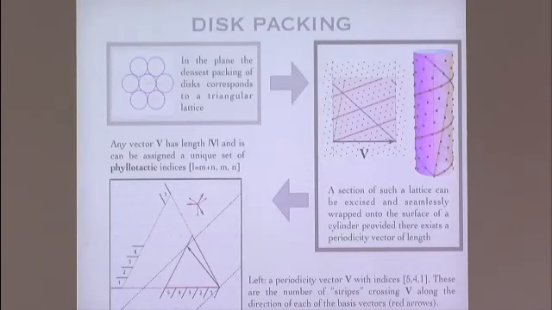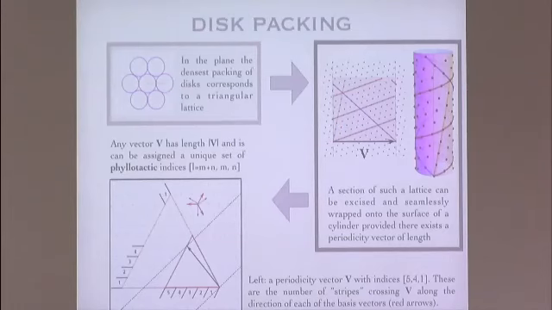We're helped by the idea that, firstly, I know that on a plane, the densest arrangement of disks I can possibly have is to arrange those disks into a triangular lattice. Now, if I have a triangular arrangement of disks on a plane, let me just schematize this triangular arrangement, so I just have these points.